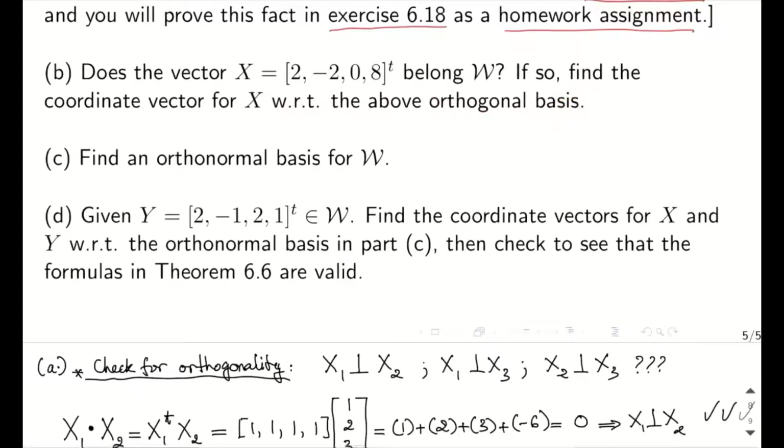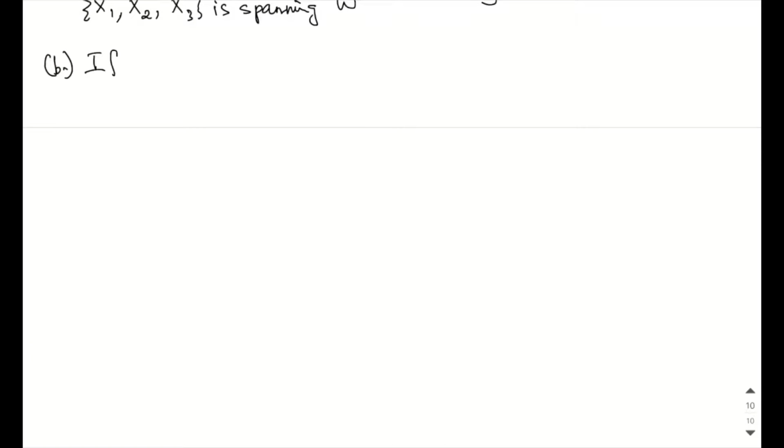In order to do this, we are going to utilize theorem 6.4. All right. If x is in W, then x is going to be equal to some a times x1 plus b times x2 plus c times x3.